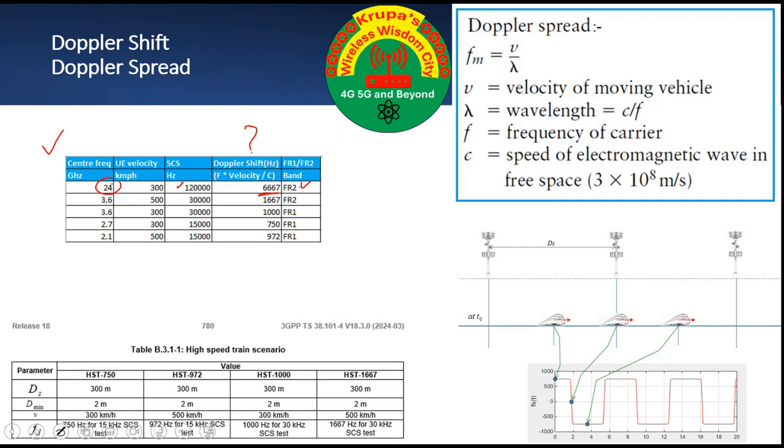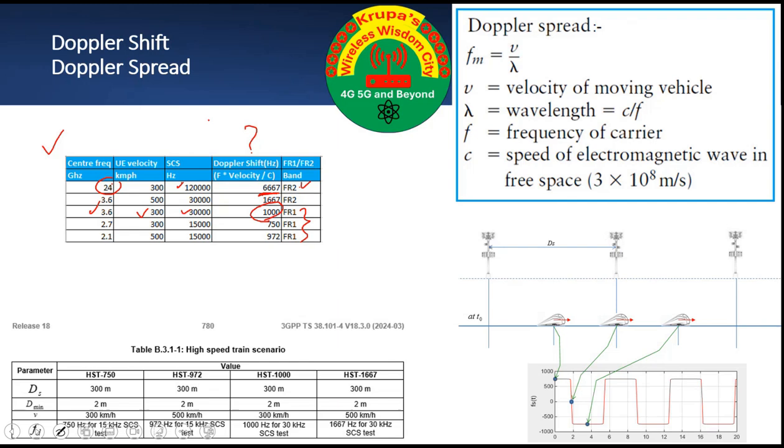Similarly, you can take other FR1 candidates. Let's say you're transmitting at 3.6 gigahertz, going at 300 kilometers per hour, and the sub-carrier spacing is 30 kilohertz. Then you would experience 1 kilohertz of Doppler shift.